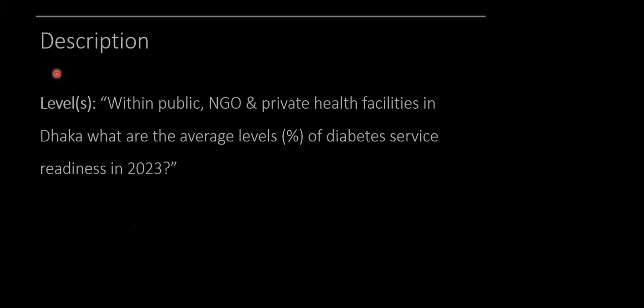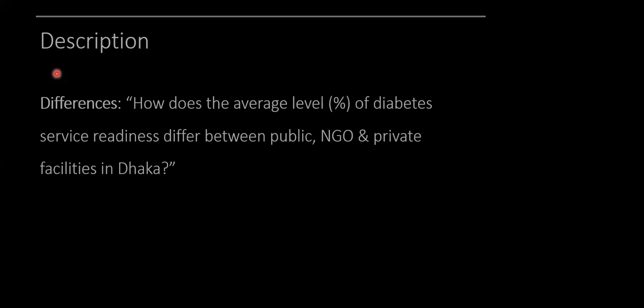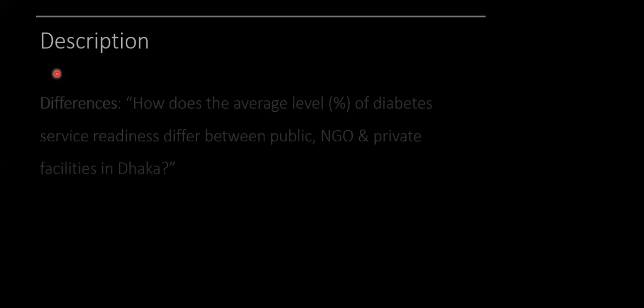So description, again, I won't spend too long on this. Hopefully nothing new to anyone. So there are different types of descriptive questions that we can look at. We can look at what's the level of some outcome, what are the differences in levels of an outcome, whether that's the prevalence of an outcome, or like here, my example would be, how does the average level of readiness of diabetes services differ between different types of services, different types of facilities?